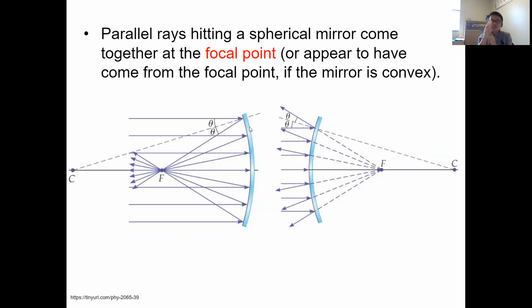So this angle will be very small. Because of the law of reflection, this angle and this angle are equal to each other. If this angle is small, then this side and this side are very close to this line. And this is parallel to the central axis, so this will also be theta.